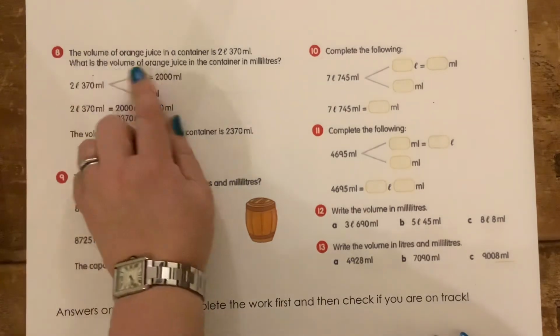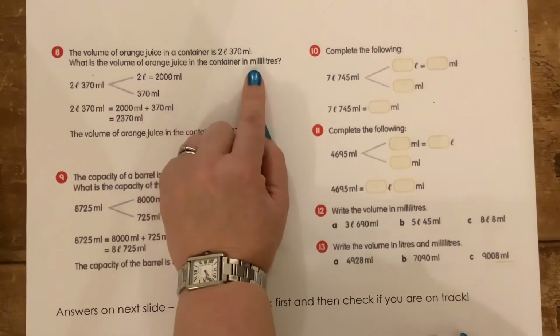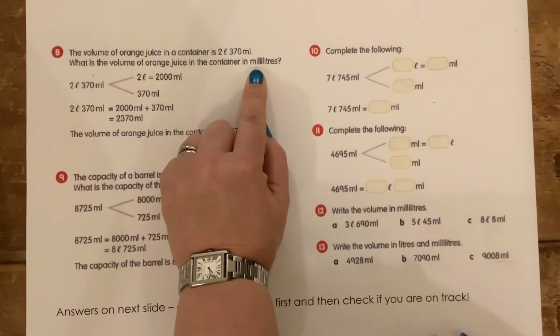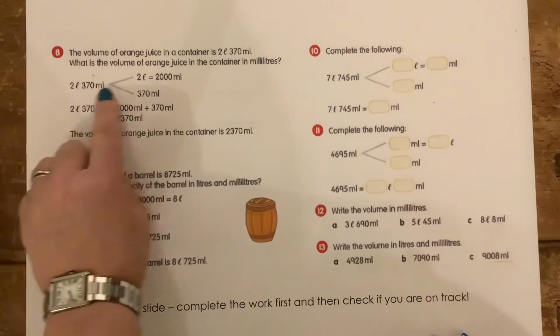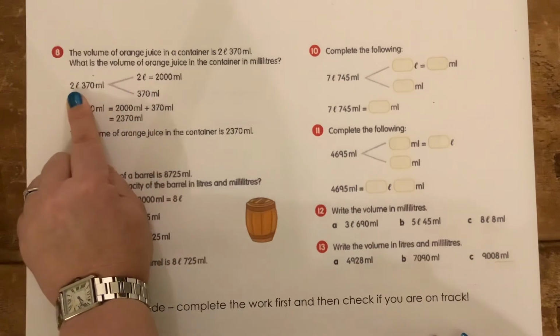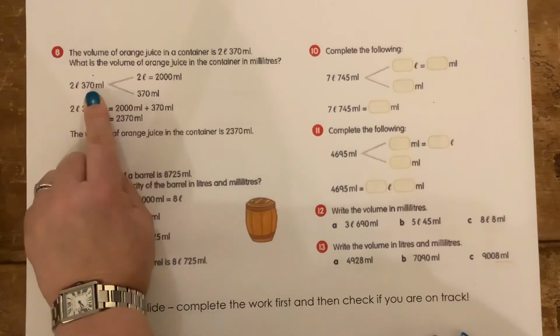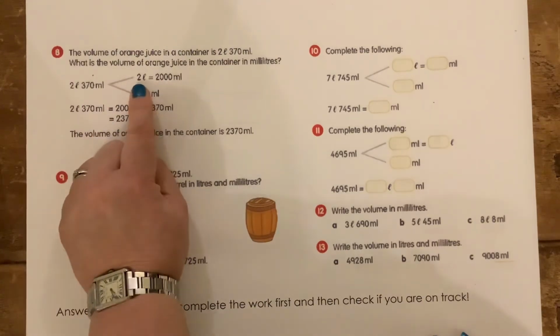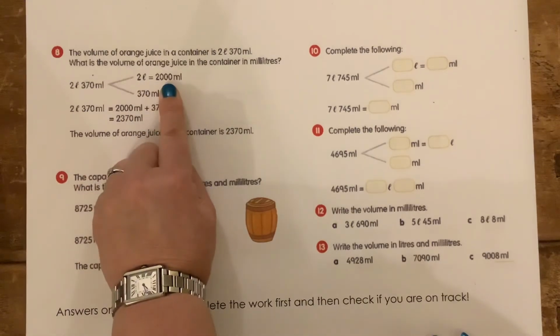So the volume of orange juice in a container is 2 litres, 370 millilitres. What is the volume of orange juice in the container in millilitres? So we're going to partition that, 2 litres, because we know that we can convert litres into millilitres. We already have 370 millilitres, so we partition that and we change 2 litres into 2,000 millilitres.